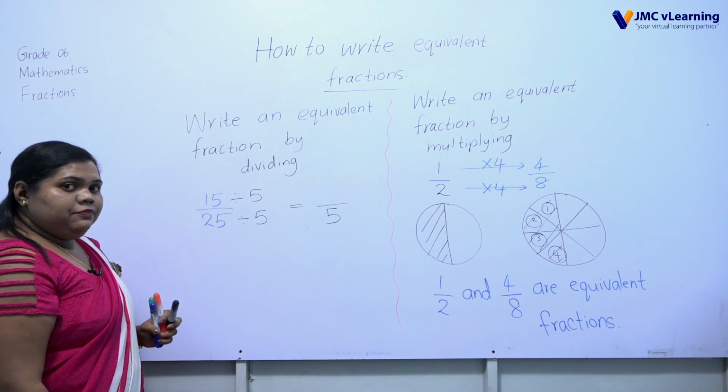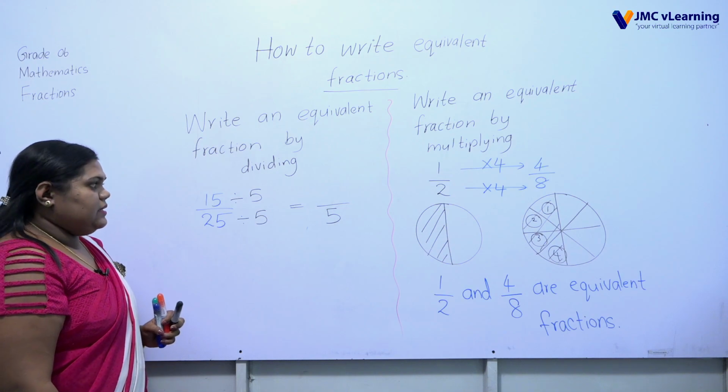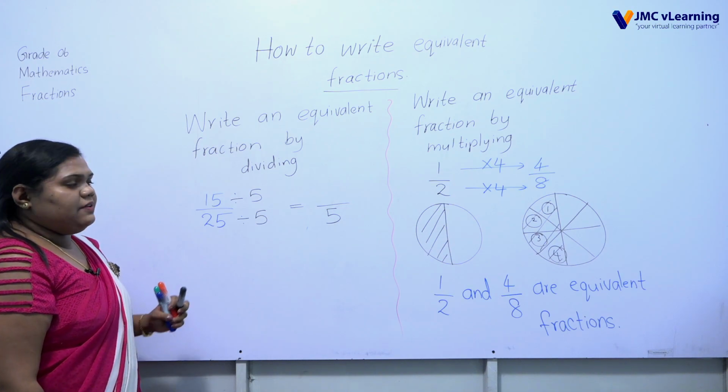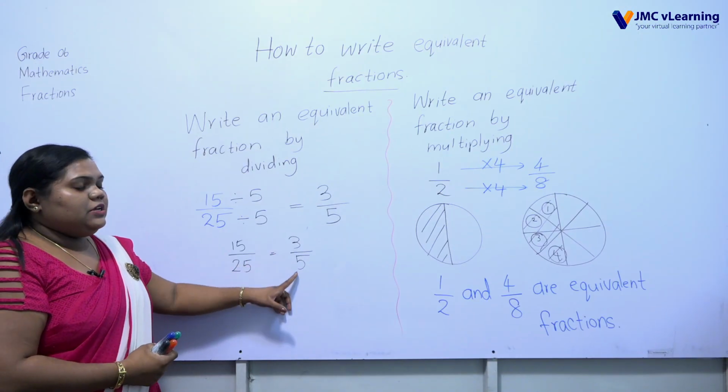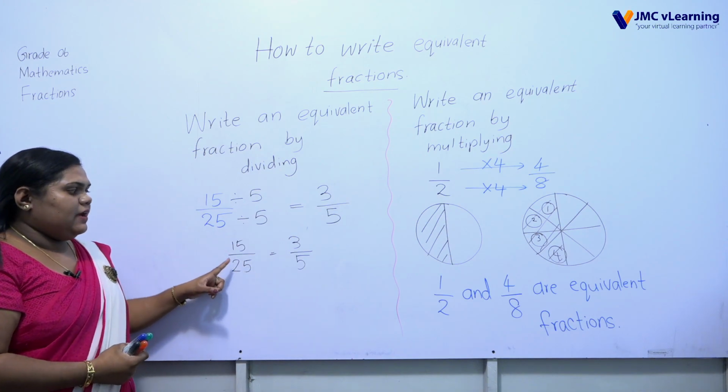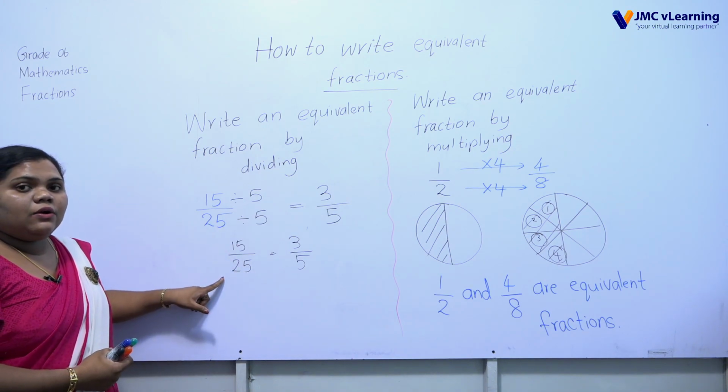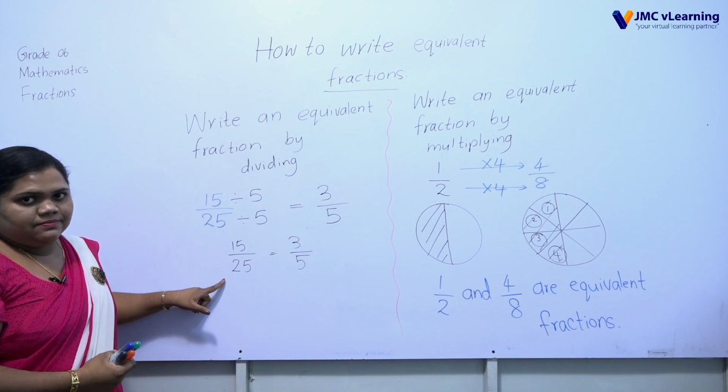How many 5s in 15? Yes, there are 3 5s in 15. So you have to write 3. Are you clear children? 3 out of 5 is an equivalent fraction to 15 out of 25.